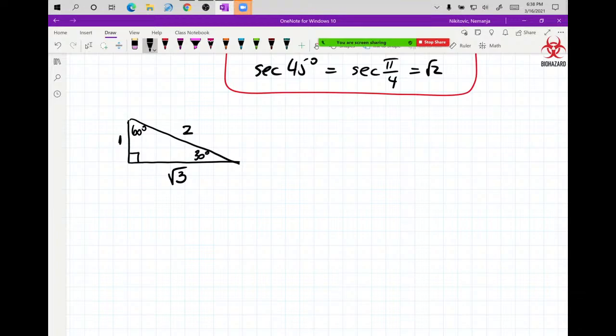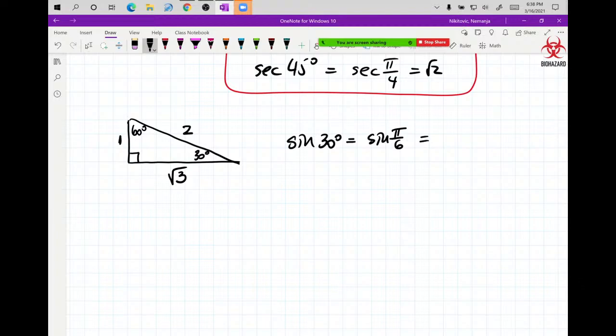So now, if you want to write your sine of 30 degrees, which is sine of pi over 6, we said earlier, you have opposite. Oh, I didn't mark that.